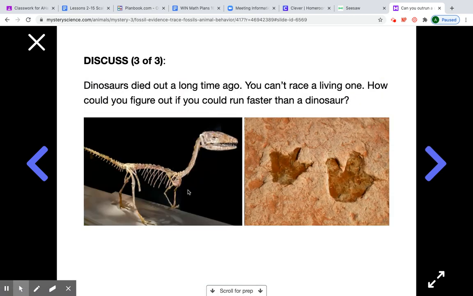So again, we still have this problem here that dinosaurs died out a long time ago. So it's not like we can race a living one. Well, first of all, I don't know if I would want to, but we can't even use one to figure out how fast a dinosaur runs. How do you think we could figure out if we could run faster than a dinosaur?